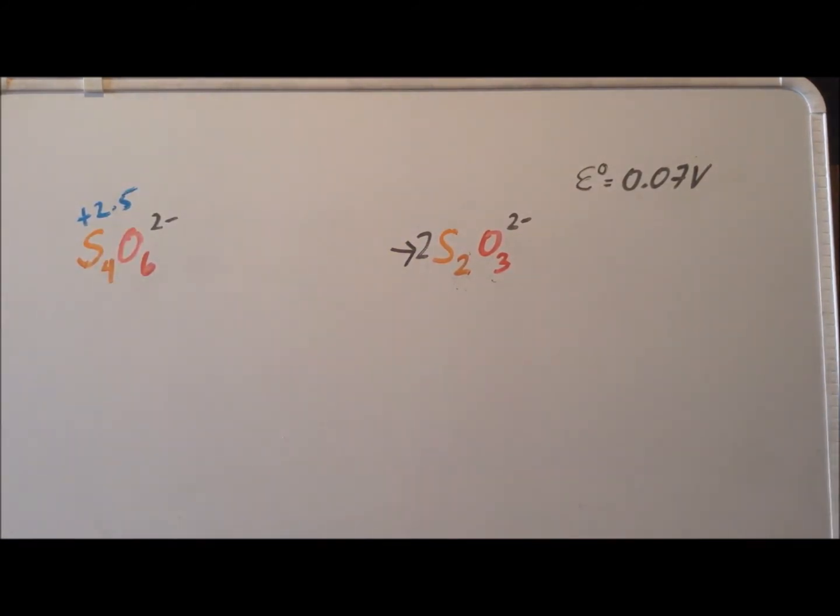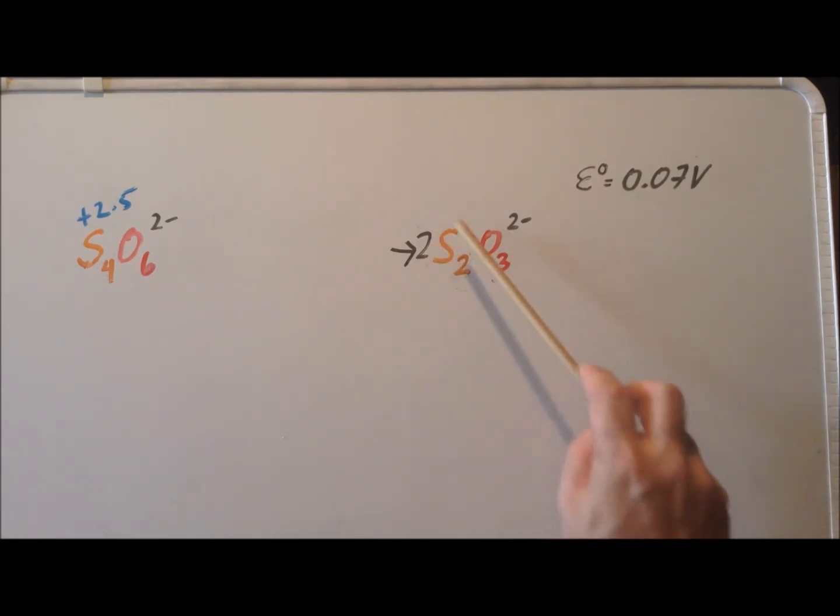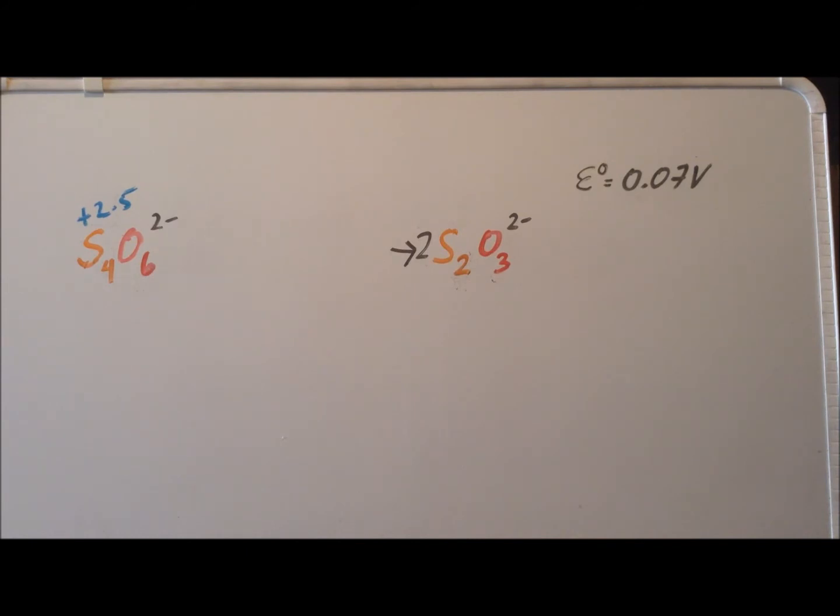In the case of thiosulfate, each of the oxygens has a minus 2 oxidation number. So all the oxygens together count as minus 6. The overall charge is minus 2. The only way this is possible is if all the sulfurs together have a total oxidation number of plus 4. Since there's 2 atoms, that means that each one must be plus 2.